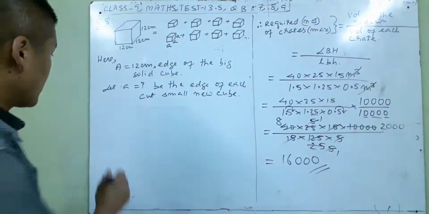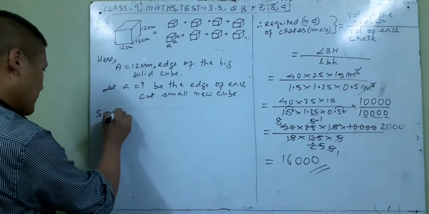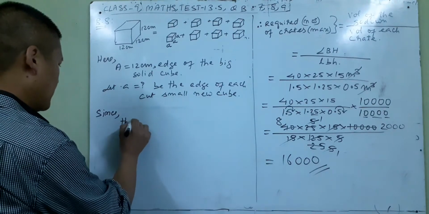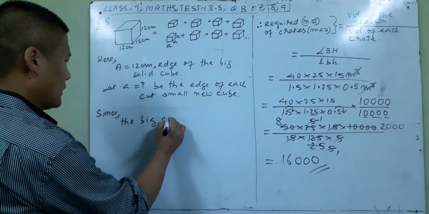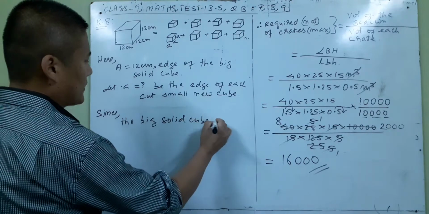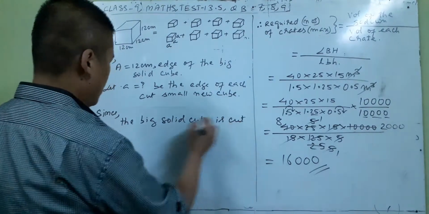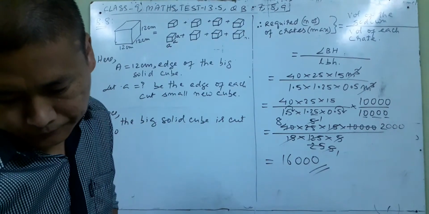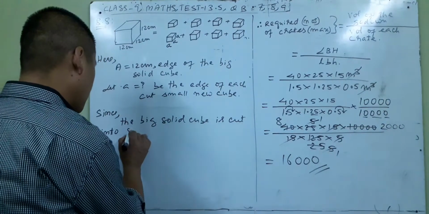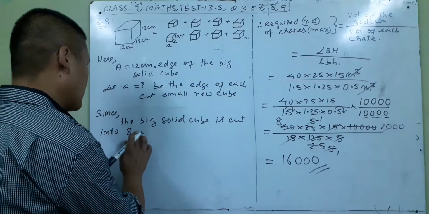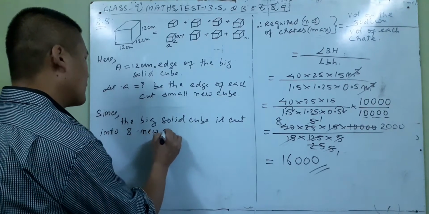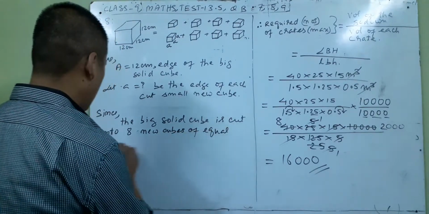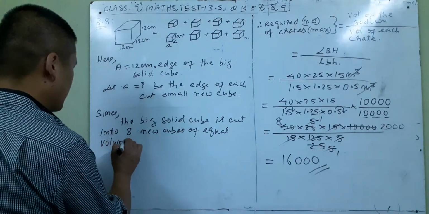Now the first sentence of the question is saying this, so let us look into your textbook. Since the big single cube, the big solid cube, which is of edge 12 centimeter, is cut into 8 cubes of equal volumes, you can just mention 8 new cubes or small cubes of equal volumes. So the question is saying this.